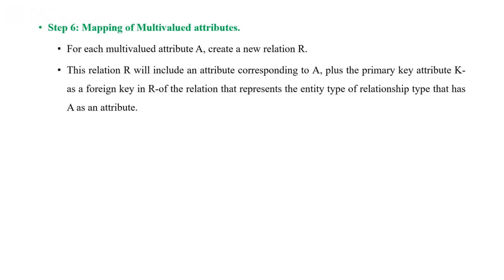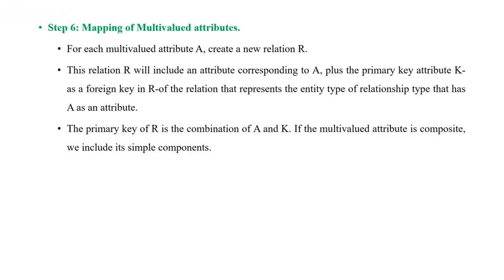Okay, so how it is going to create a new relation R: this relation R will include an attribute that corresponds to the multi-valued attribute A, plus the primary key attribute K as a foreign key in R. That is, one more attribute will be there, the K attribute, which will act as a foreign key constraint for this relation R, that represents the entity type or relationship type that has A as an attribute.